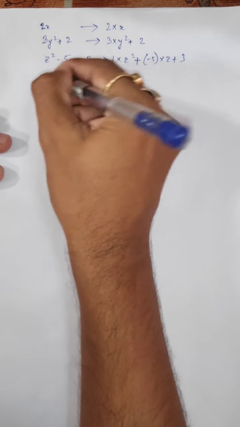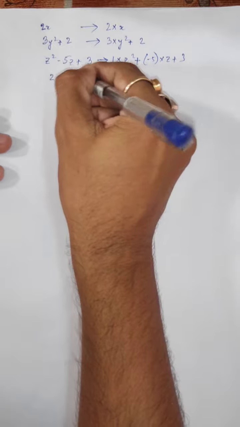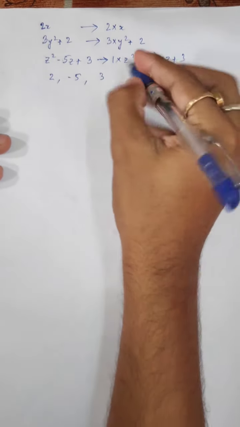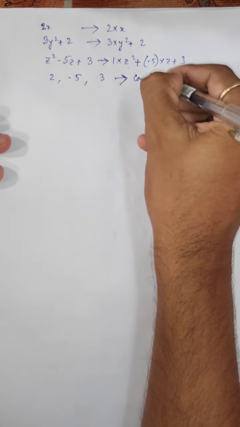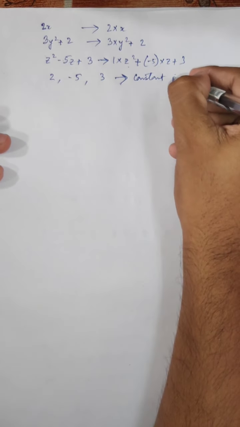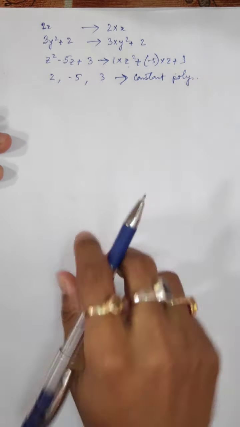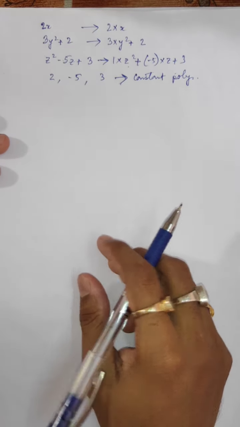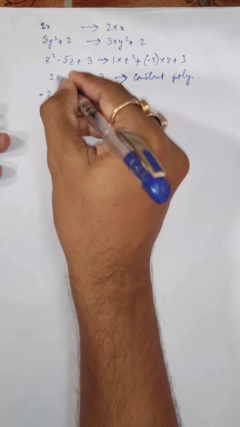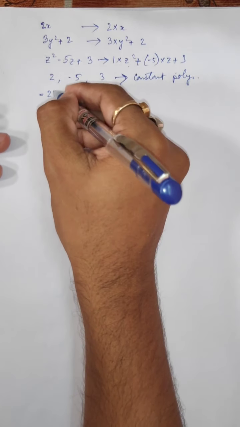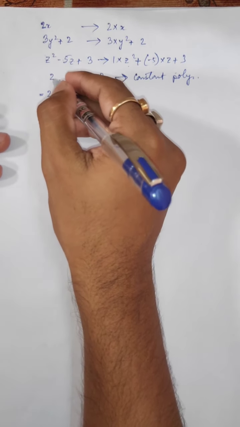If I write 2, minus 5, 3, these are called the constant polynomials. Actually, the exponents of the variables associated with these numbers are 0.